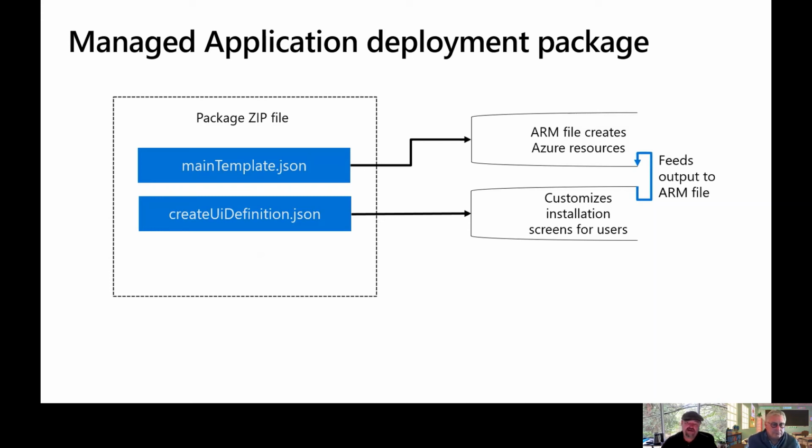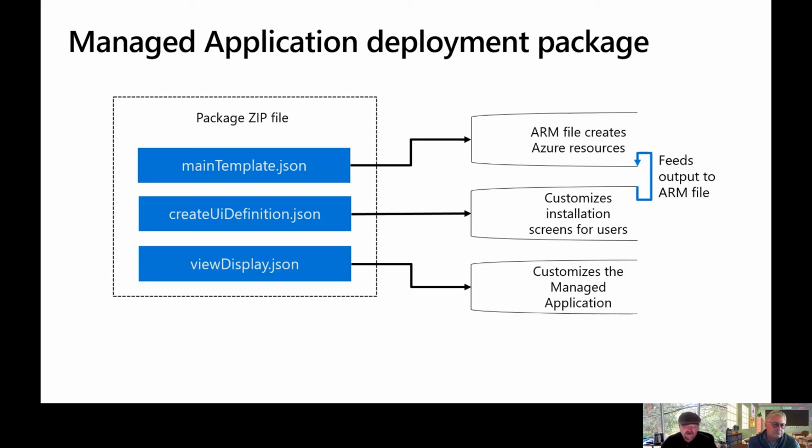So I might do things like get your storage name or the name for an endpoint or a function or what have you that I'm going to deploy using the main template, but I'll collect that information using the wizard that runs based on createUiDefinition. And then finally, the view definition. This is getting a little more advanced for some folks, but this is what we use to customize the managed application itself.